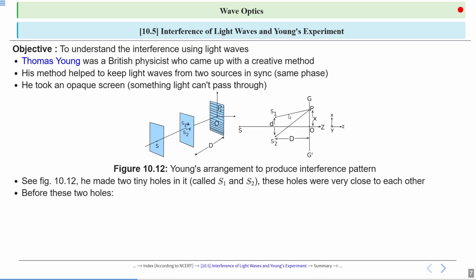The phase difference at any point due to waves originating from S1 and S2 will not change. So S1 and S2 are coherent sources. The pinhole S ensures that S1 and S2 are coherent, meaning they have a consistent phase relationship, or a constant phase difference, which is essential for interference.